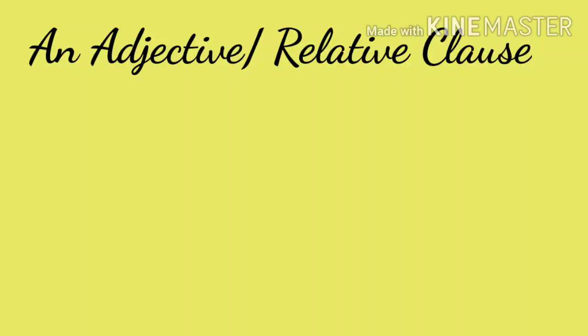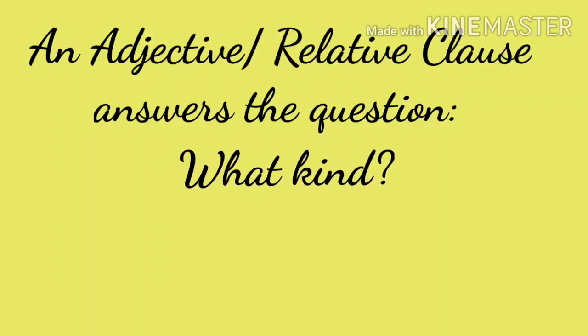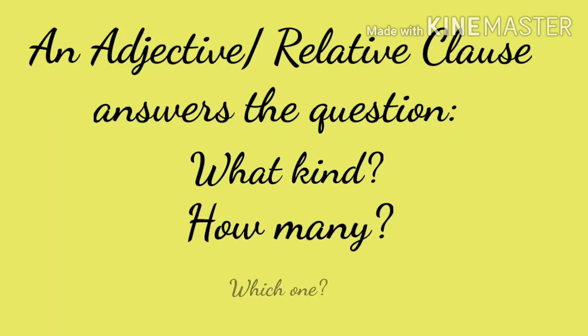I'll give you one more tip to identify an adjective or a relative clause, and that is with the help of these questions. All right, the relative clause answers the question what kind, how many, which one.